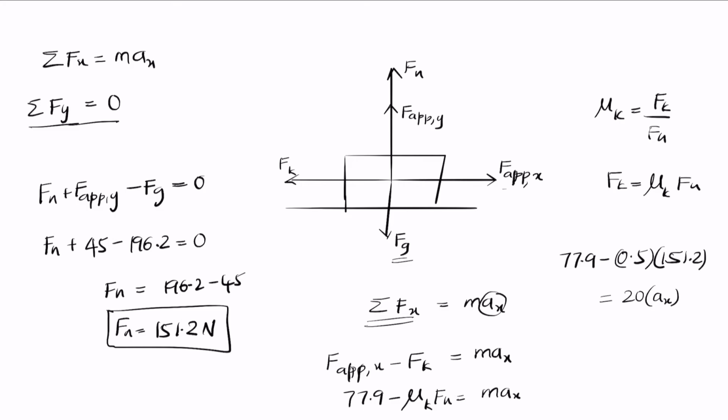So 77.9 minus 151.2 times 0.5. That value becomes 2.3 equals 20 times ax. Ax becomes 2.3 by 20.